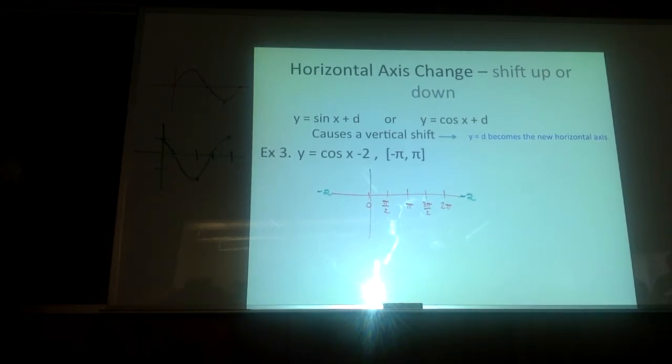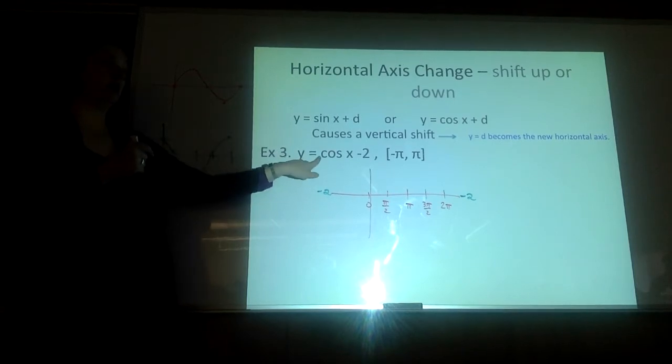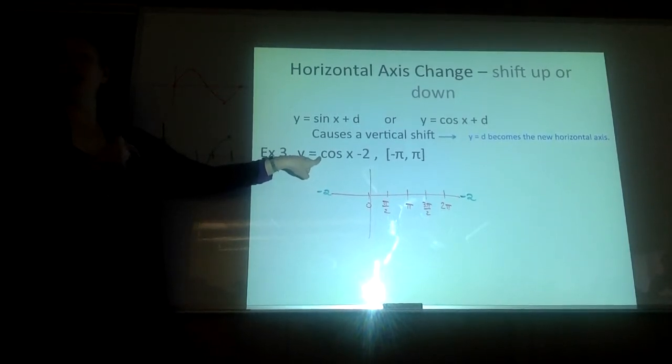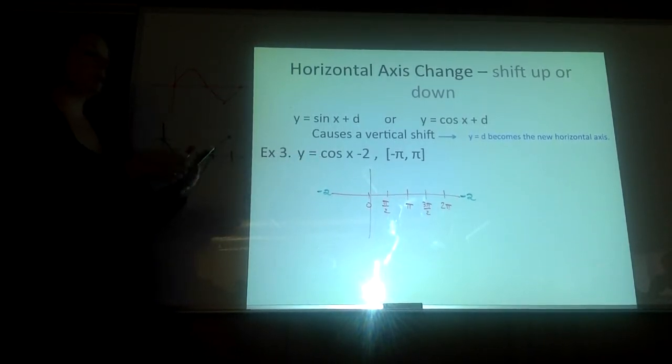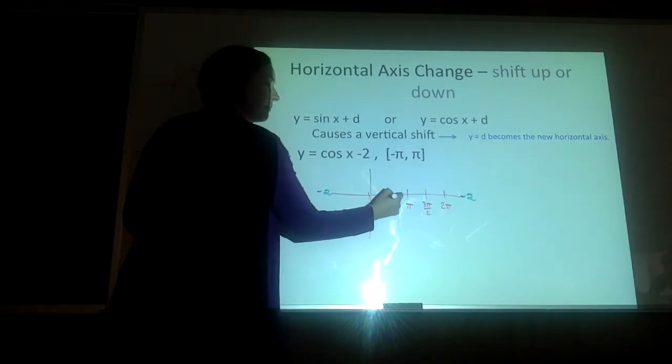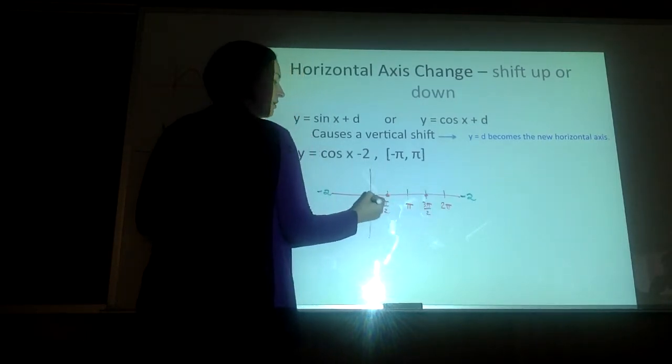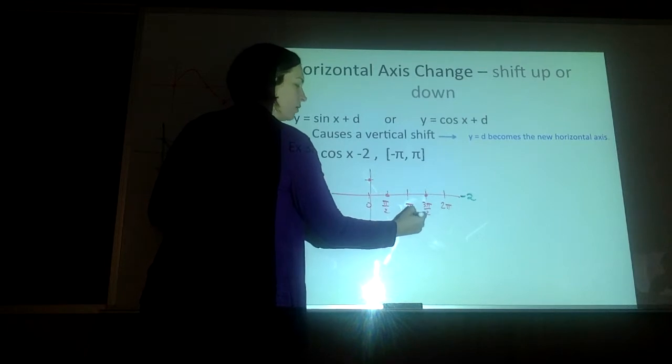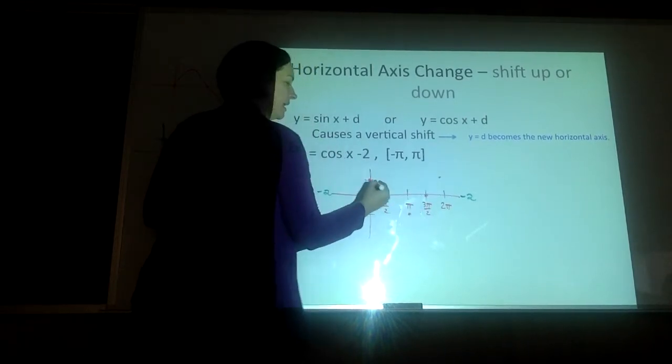That's your center line, the one you're going to work off of. Now the process is exactly the same as what we did before. Do I have any amplitude change out front? No. I don't have any negatives, so I can just graph this, crossing at pi over 2, crossing at 3 pi over 2, up 1, down 1, up 1, and connecting them.